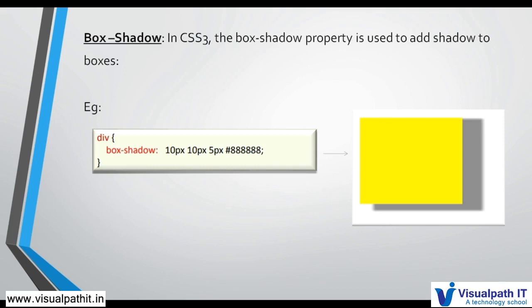The shadow is on the right side, 10, 10 to the right, and the 5 at the bottom. That's the color of the shadow, which is hash 888888. You can change your shadow color to any color.